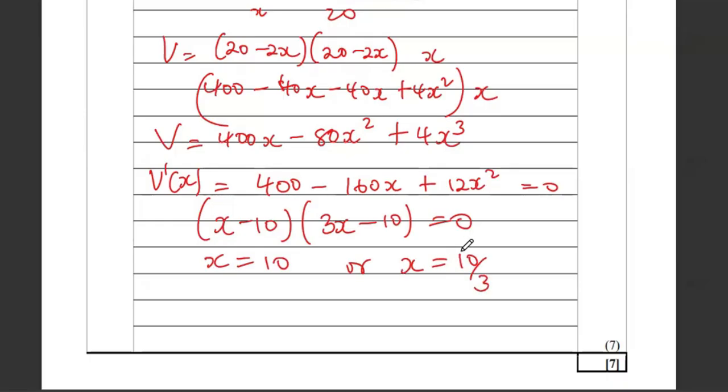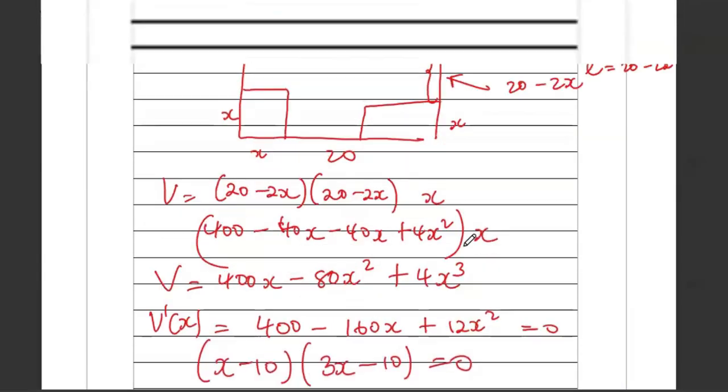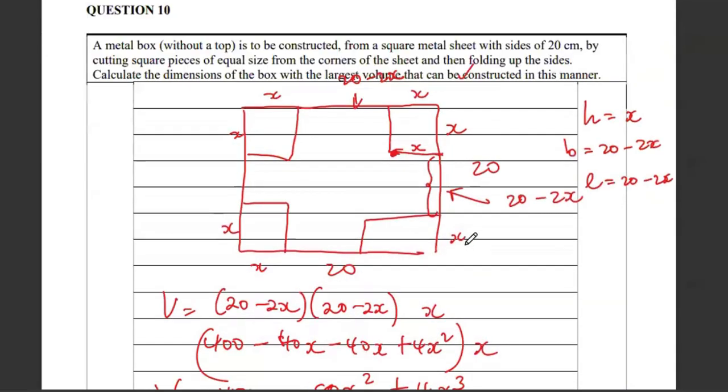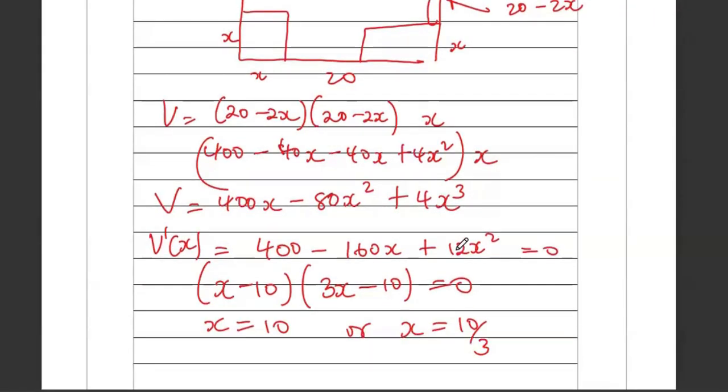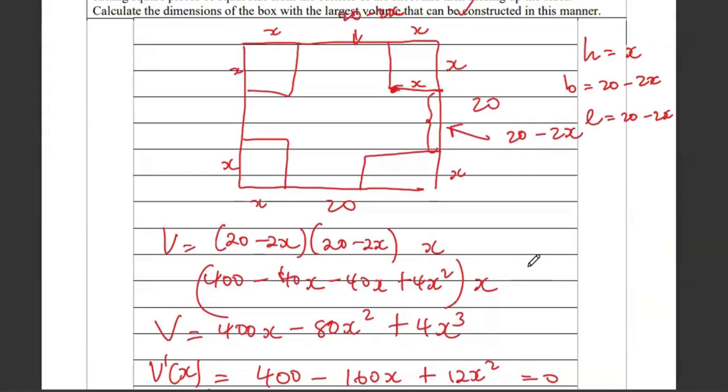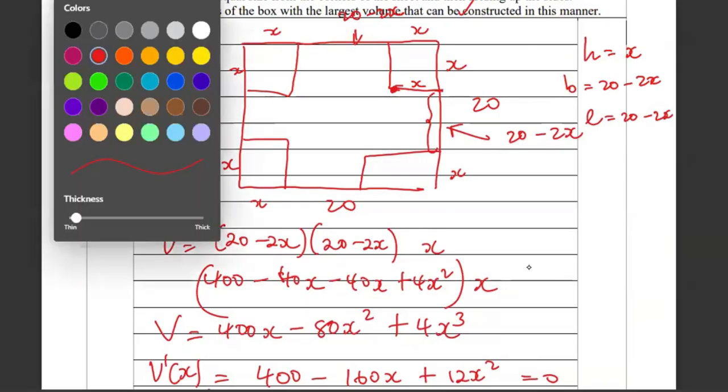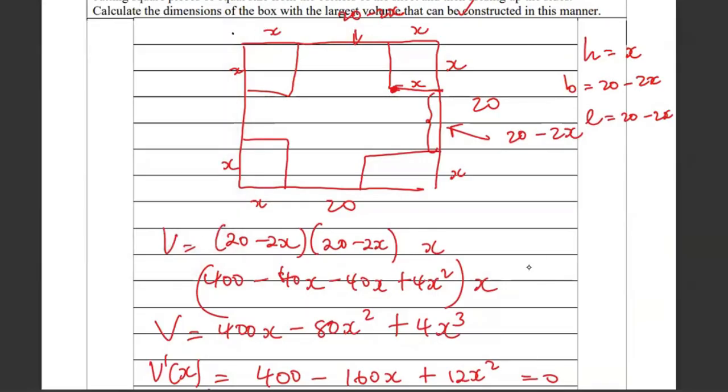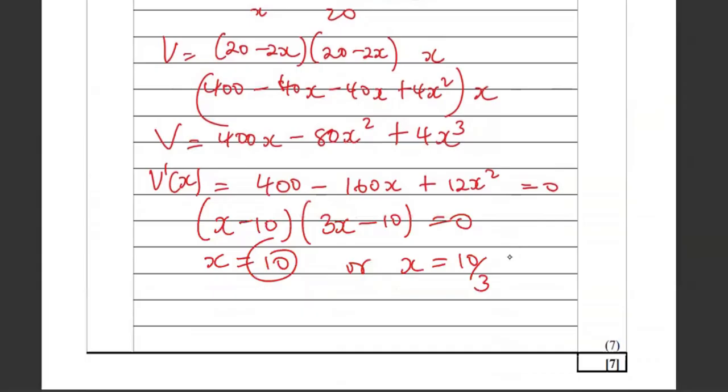But now what you need to know is that we need to select one value. If you look at 10, 10 is not reasonable, it's not logical enough because the entire distance is 20. And if that's a 10 and that's a 10 already, it's finished without even considering that. So 10 cannot be used, it cannot be a solution. So this becomes the solution.